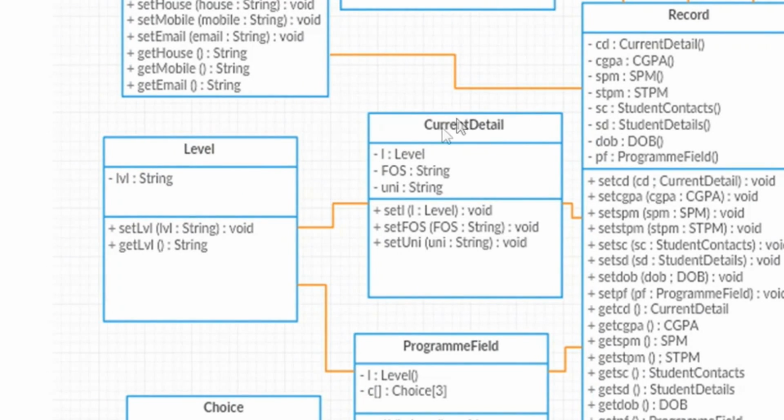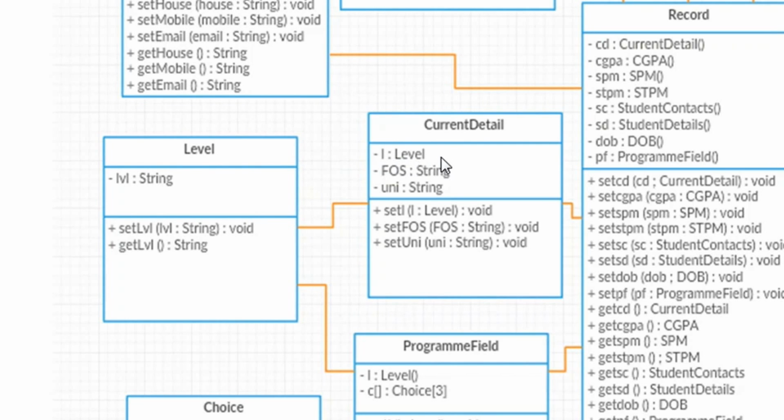current detail and level. Level has a variable LVL with data type string, and this class level has a setGet method which is public. So current detail actually has an object L which has data type level.